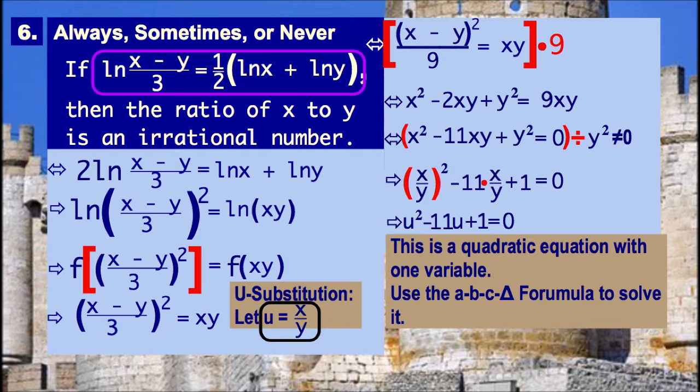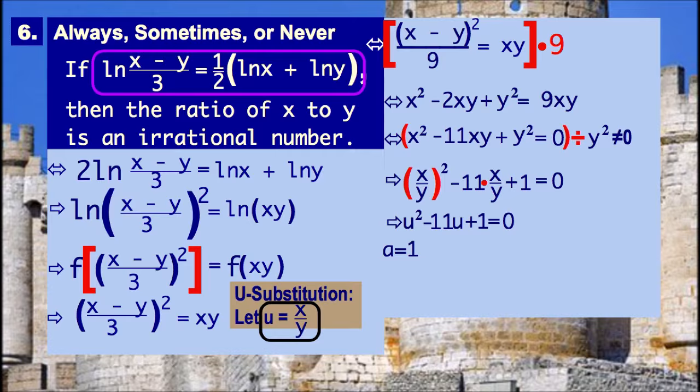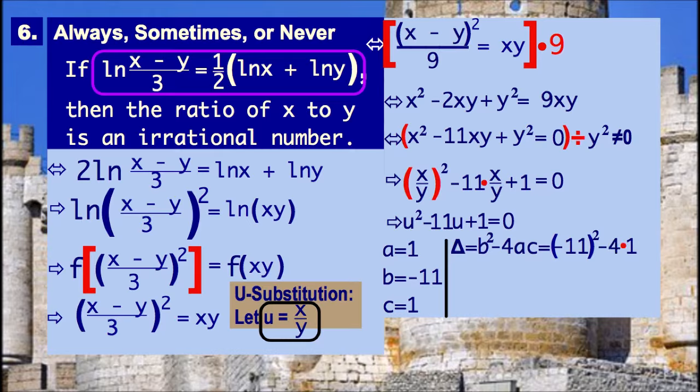Let's use the discriminant formula to solve it. a is equal to 1, b is equal to negative 11, and c is equal to 1. Thus, delta, which is equal to b squared minus 4ac, equals negative 11 squared minus 4 times 1 times 1, which equals 121 minus 4, which equals 117.